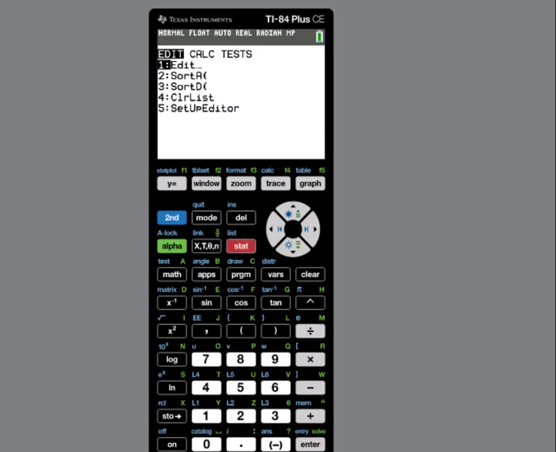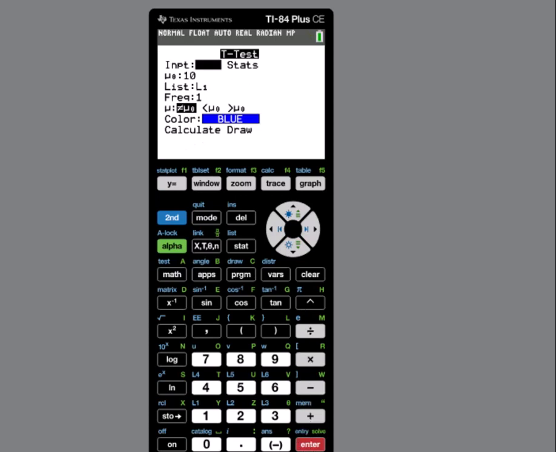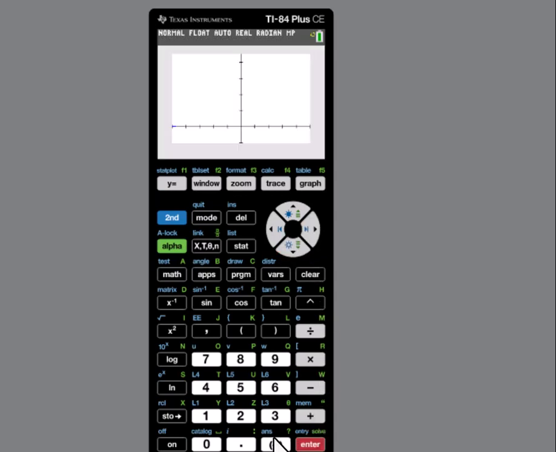Oh, it's too sensitive. So I'm just gonna go back. I'll be careful this time. T-test, enter. I'm gonna show you a draw here. Okay, it draws the p-value for you and gives you the test statistic.